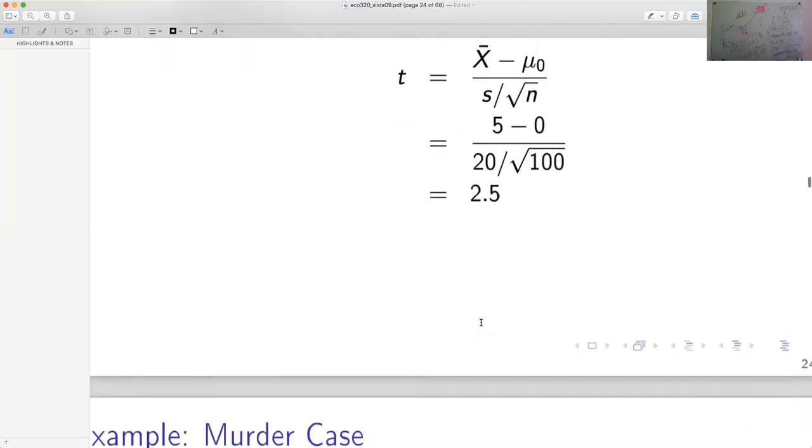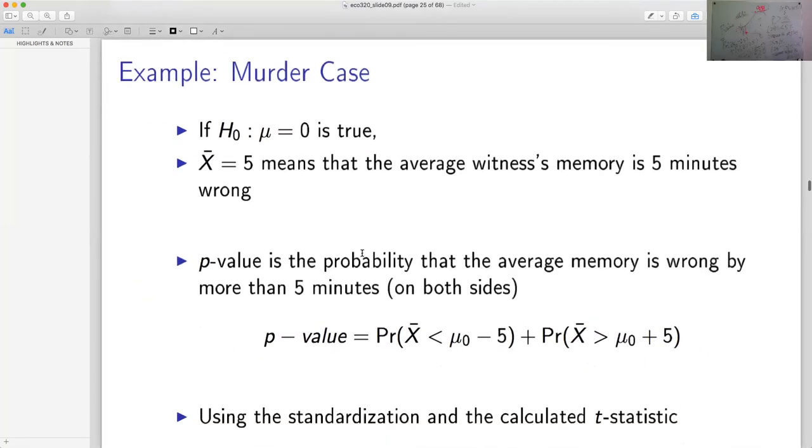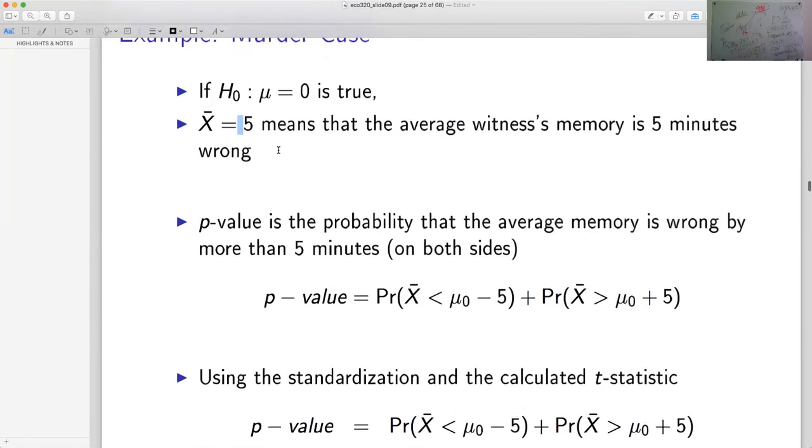So we got t equal 2.5, and in the example our null hypothesis was mu equal 0 and x bar equal 5, which means the average memory is 5 minutes wrong, right? Since it's positive, it's positively wrong, so it's going to be 12:05, and if it's -5, it's going to be 11:55, something like that.